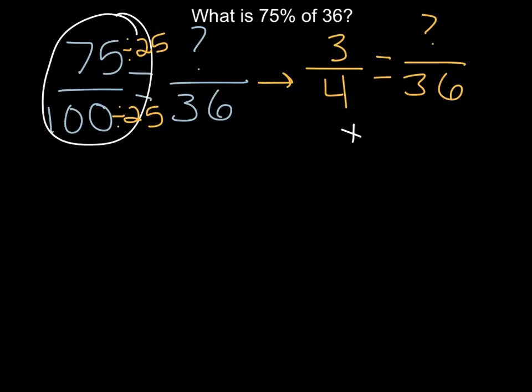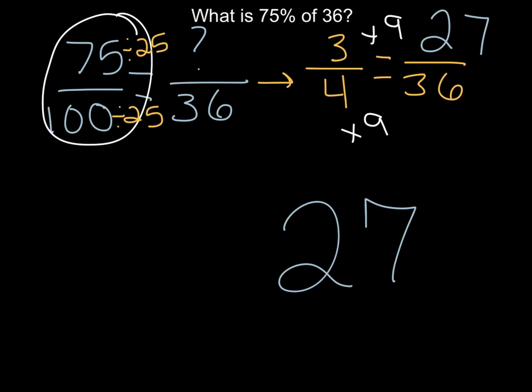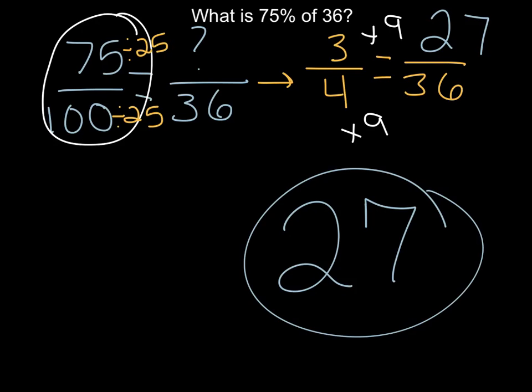Multiply by 9. So whatever we do to the denominator, we also do to the numerator. And 3 times 9 would give us a new numerator of 27. So to answer the question, what is 75% of 36? The answer would be 27. And that's just a quick review of finding the percent of a number.